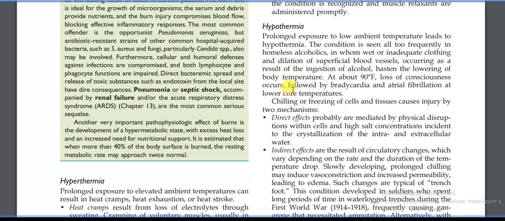Same as hyperthermia, it fails the normal activity of enzymes, and if enzyme activity is decreased, of course it causes a fail in normal metabolic activities of the body, which causes a lot of different changes. So let's talk about these changes.